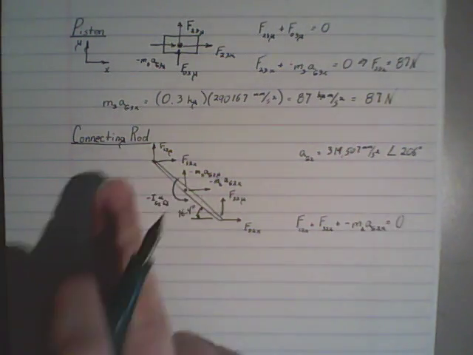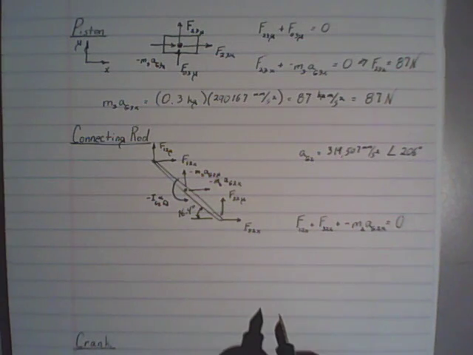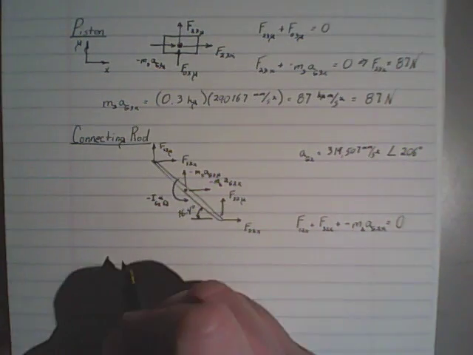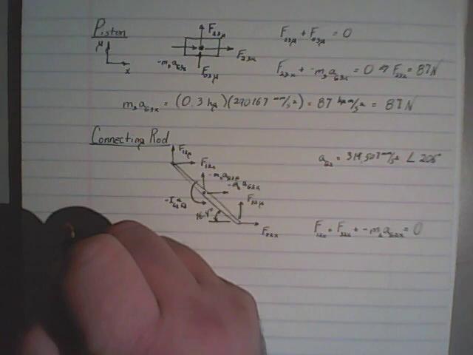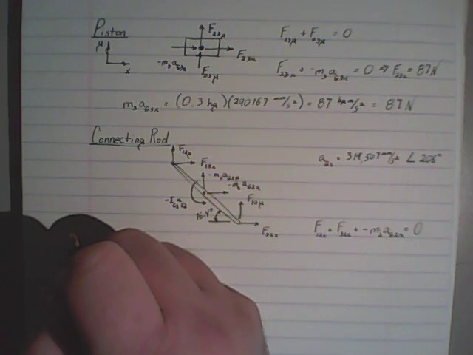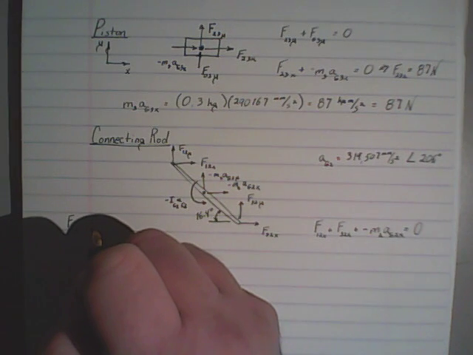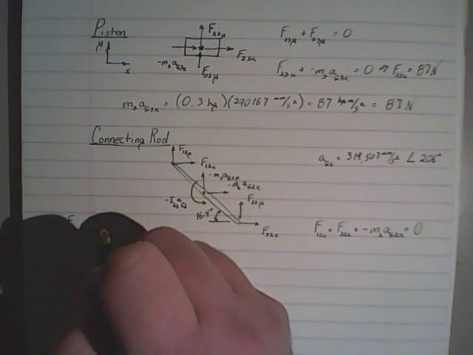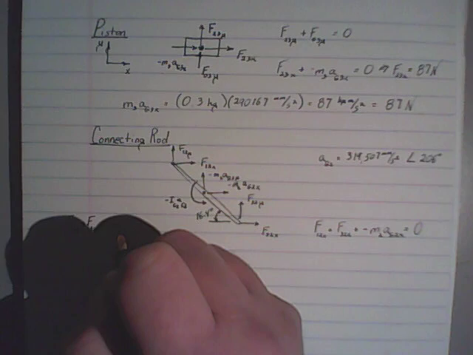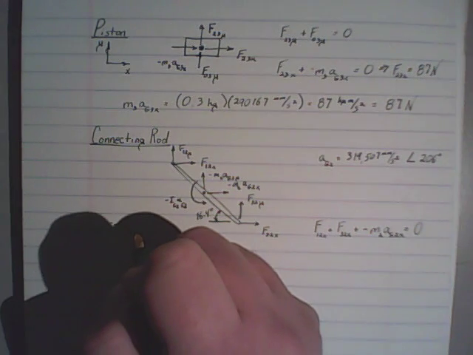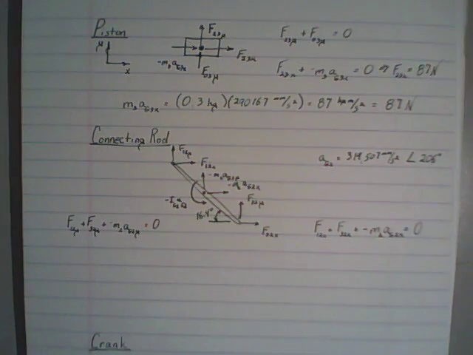So that's my force balance in the x-axis. I will also have a force balance in the y-axis. Do this one perhaps over here. F12y plus F32y plus negative m2 a_g2y is equal to 0.